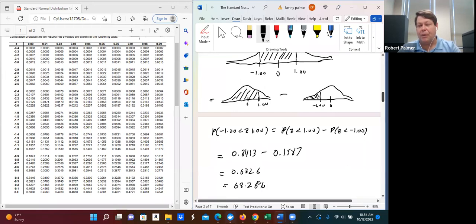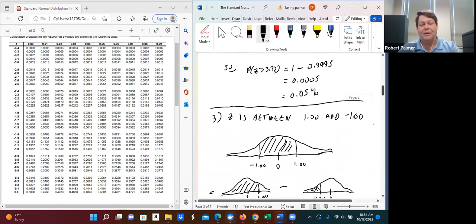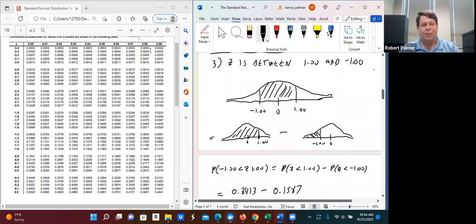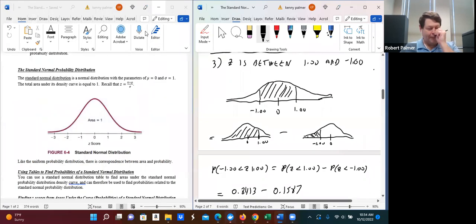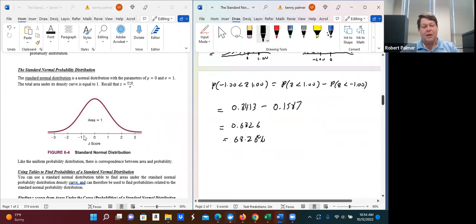Now, you might recall a discussion about the normal distribution, mentioning that between one standard deviation above and below the mean, you have approximately 68% of the values, and that's exactly what this shows.